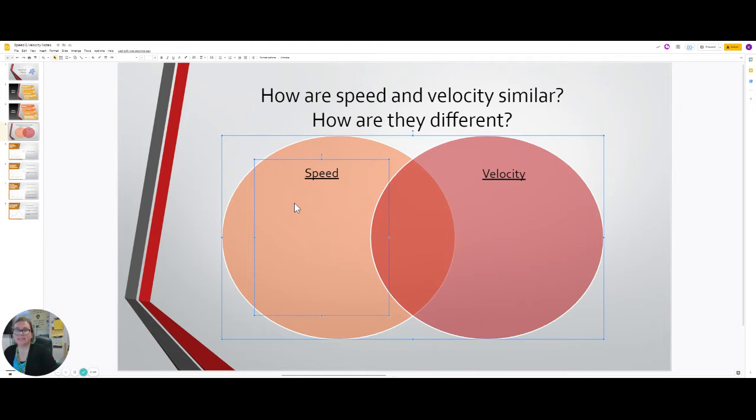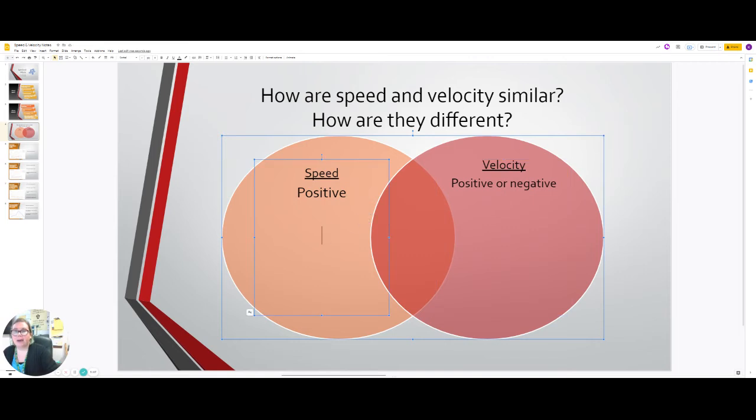Let's take a second to think about speed. If we remember, speed can only be positive. Speed is always going to be positive, whereas velocity can be positive or negative, right? So velocity is both.